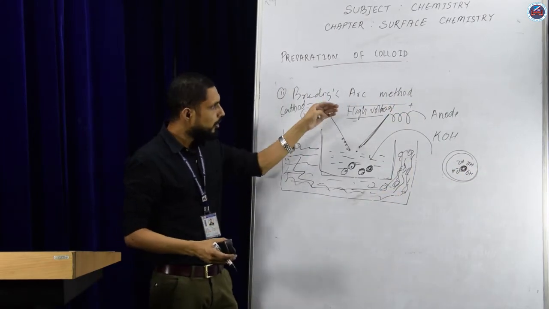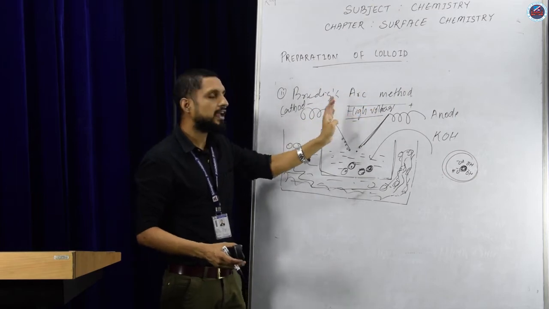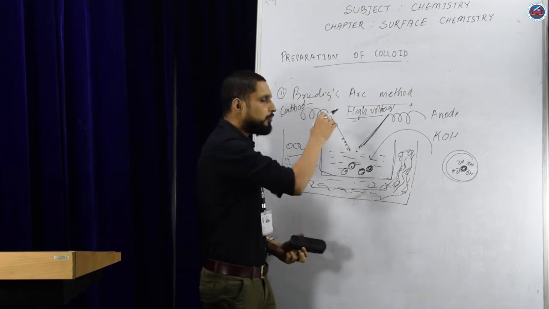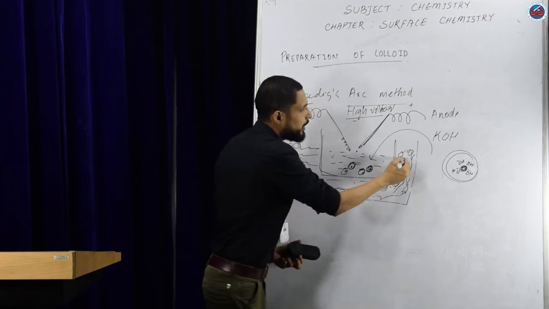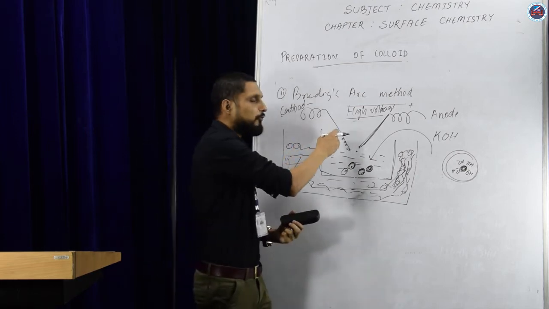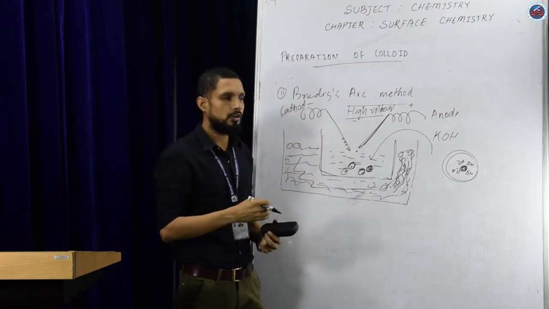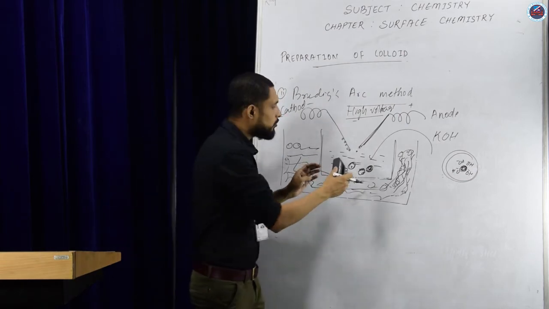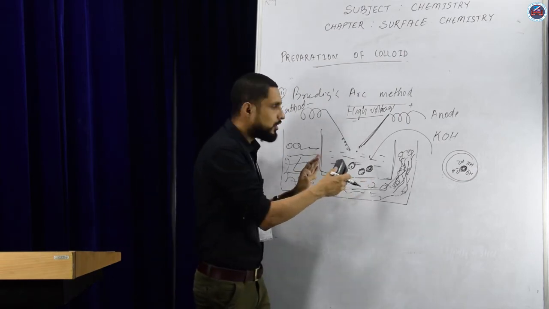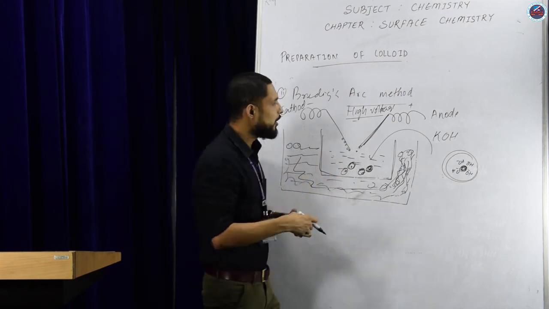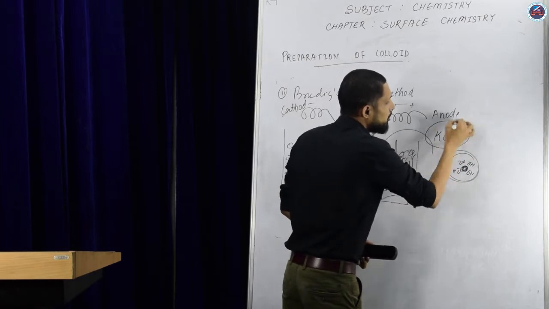So first point, when on applying high voltage it vaporizes the gold, we have to condense it, and for that we need ice so that we can keep the temperature low and the vapor phase is condensed to solid form. Next, so that the gold particles don't come close and form aggregate, we'll add potassium hydroxide.